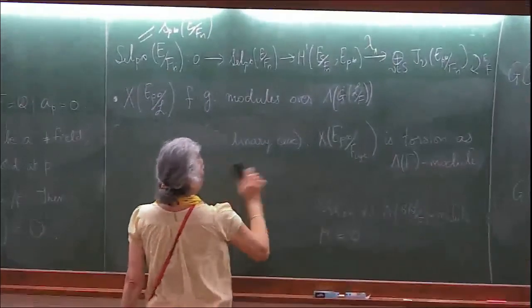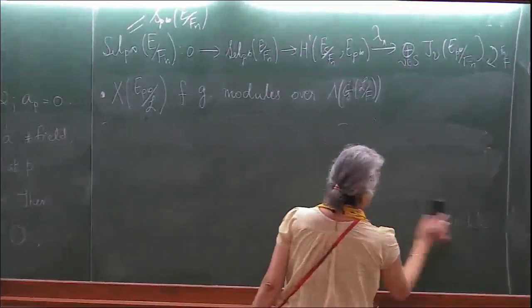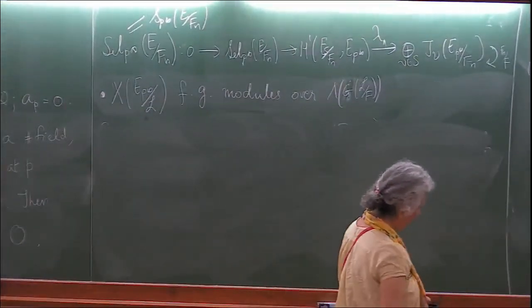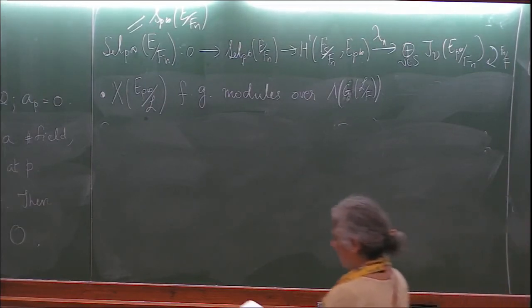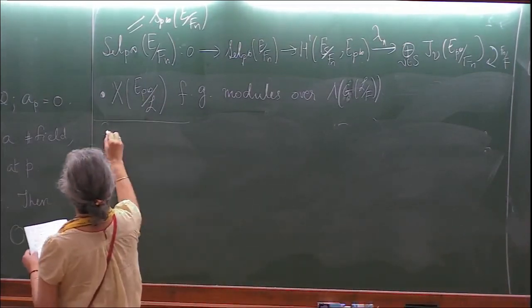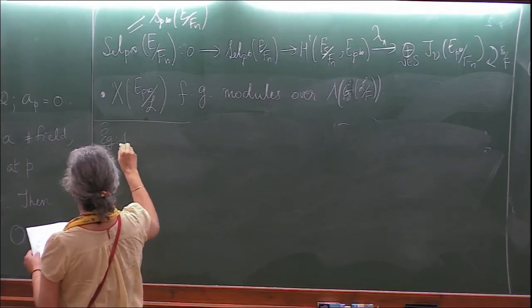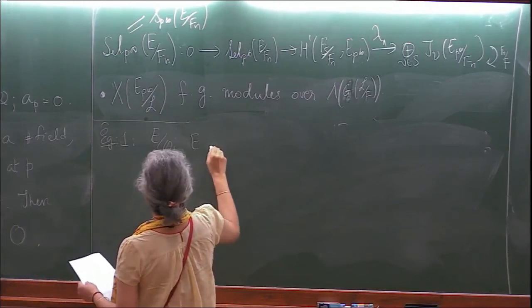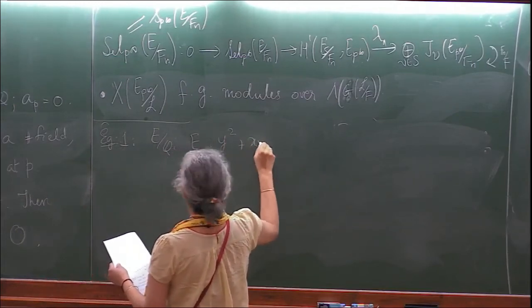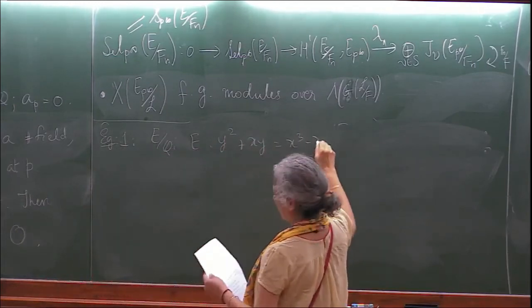So when we first stated these conjectures, for conjecture A, there was a lot of evidence. Conjecture B, we wanted to provide concrete numerical evidence, and we were stuck, you know. So here is the numerical example we considered when we formulated this conjecture. So E is over Q, and E is this elliptic curve, y squared plus xy equals x cubed minus x minus 1.